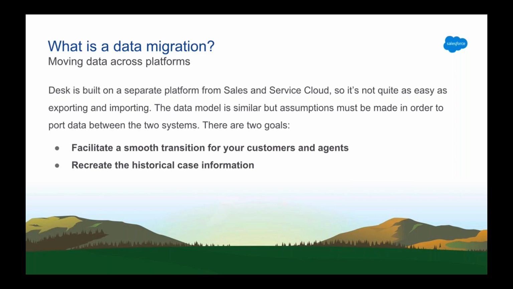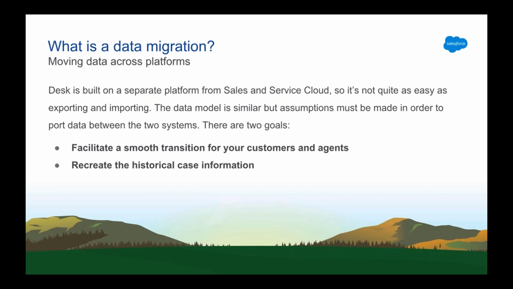But overall, for the data migration, we have two goals. The first one is to facilitate a smooth transition for your customers and agents. This is the most important thing, being able to transition quickly and easily between two systems and not have your customers notice, and having your agents being able to operate at the same high level that they were before.